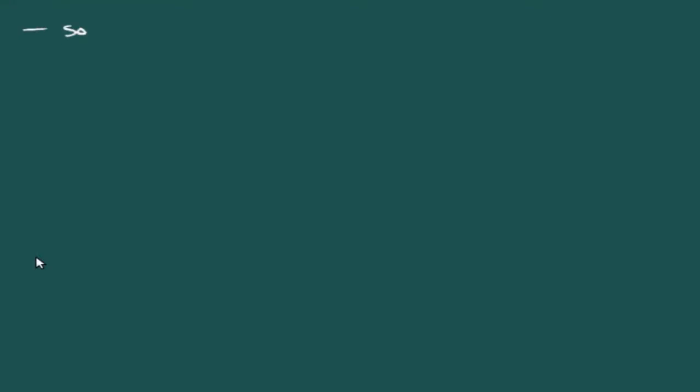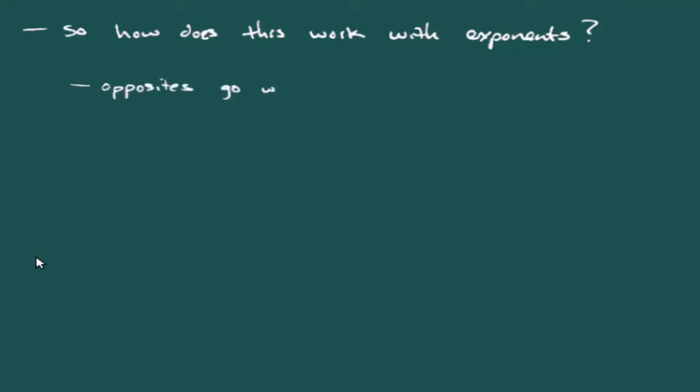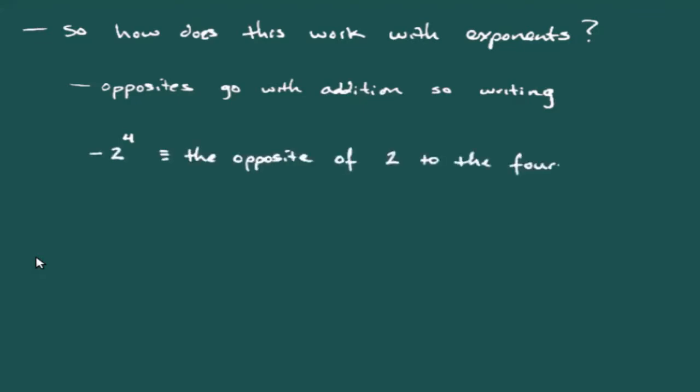And so how does this actually work once we start including negatives with exponents? Well, we remember that the opposites actually go with addition and subtraction. And so when we would write something like -2 to the 4th power as being the opposite of 2 to the 4th power, what that really is telling us to do is to do the multiplication first.